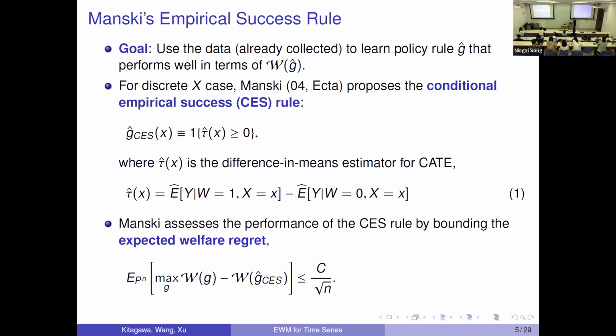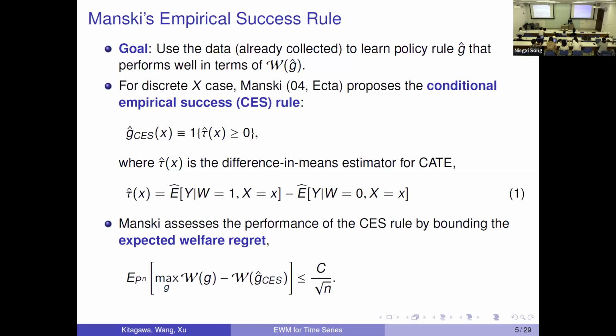Manski shows that if you apply his rule, defined here, where we treat once the estimated conditional average treatment effect is larger than 0, then this regret will converge at a root-n rate. So this is Manski's paper.